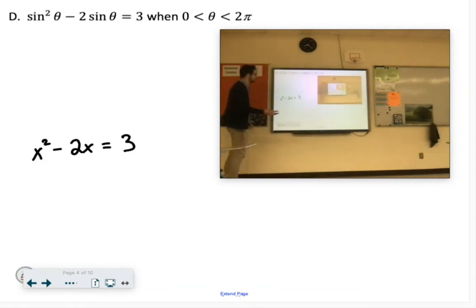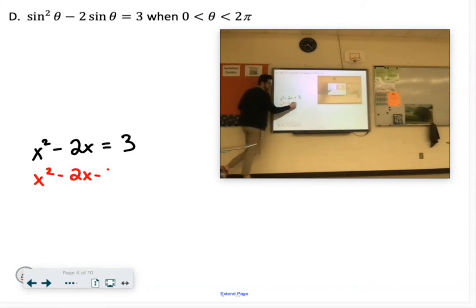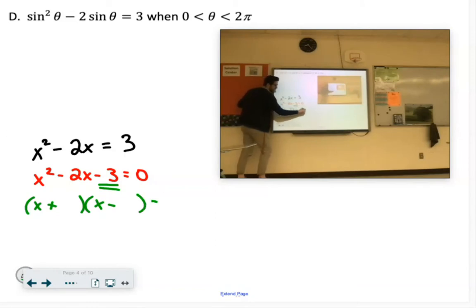Factoring would be the easiest way, but you need to get it equal to 0. So we would subtract the 3. And then you're factoring, thinking, okay, they multiplied to negative 3, so it has to be one positive, one negative. The only factors of 3 are 1 and 3.